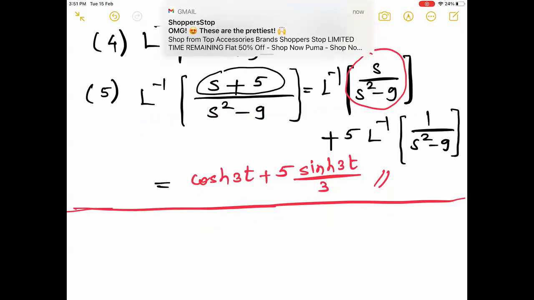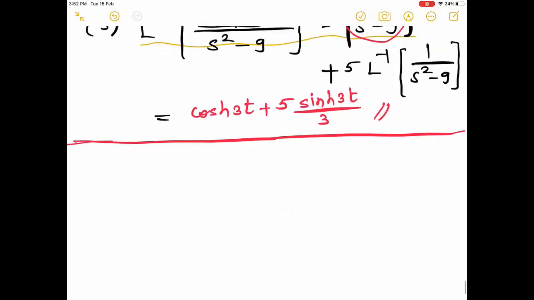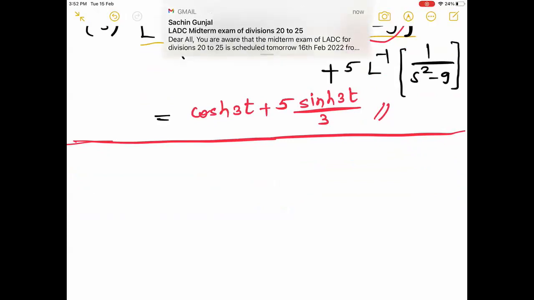Our main purpose of learning this topic is to solve differential equations. In differential equations you have to apply both methods, and generally we use the partial fraction method for this inverse Laplace transform, like how we did in the Z transform. Just one example here and then we'll go to the differential equation. So write down the partial fraction method.